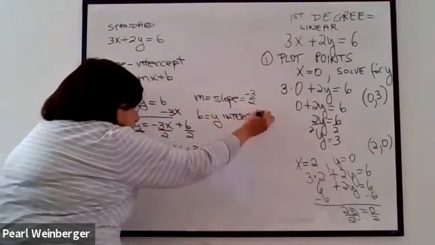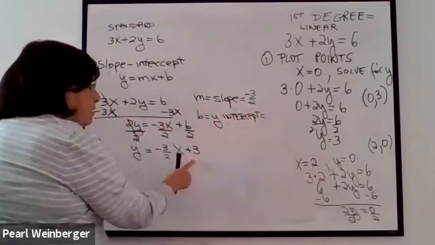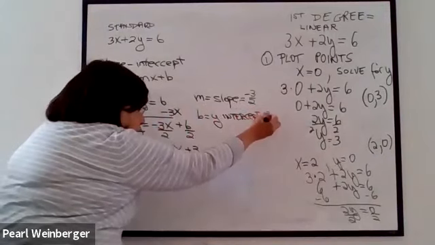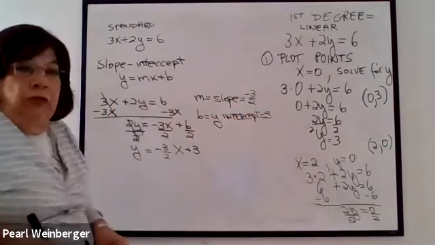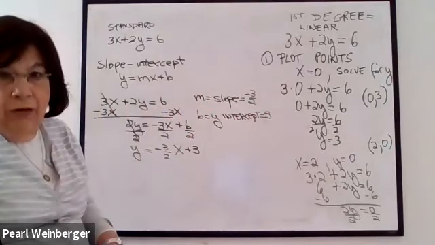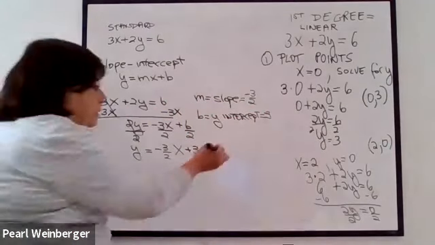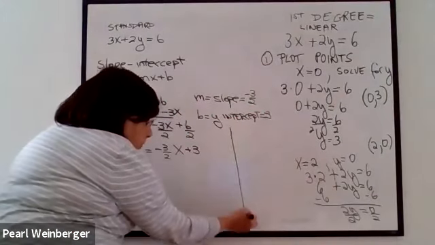That's the number that stands alone, which in this case is 3. If I have those two pieces of information, I can graph my line. Here's my line. I'm doing it over here.